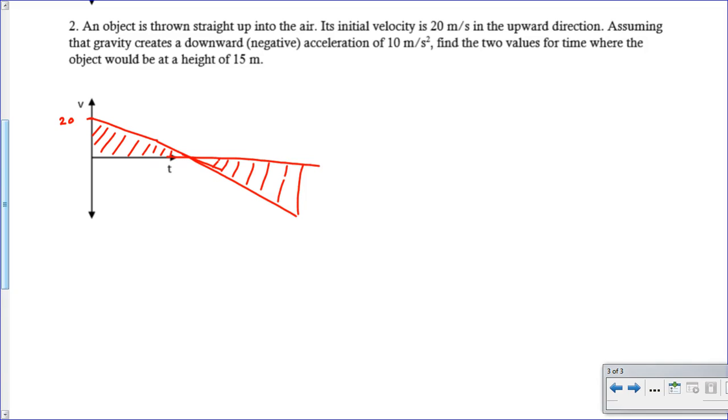It will pass through the height of 15 meters twice, once on its way up and once on its way down. But what's nice is we can actually get an equation from our original situation that will give us both of those times. And I'll explain to you how that works as we go through here.